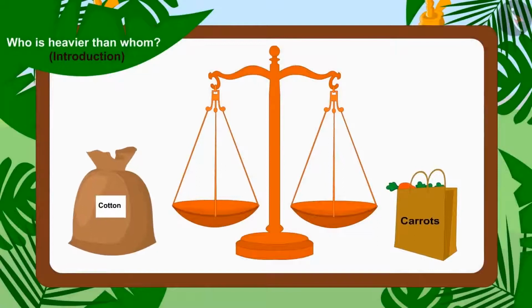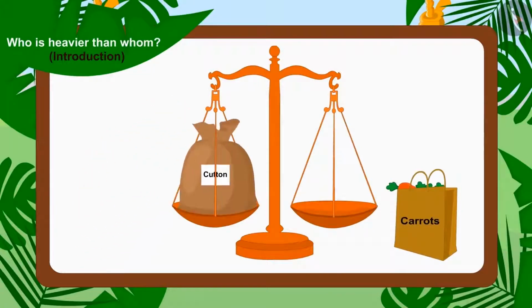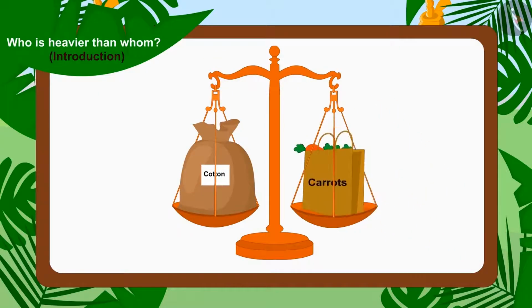Uncle first placed Bhola's sack on a plate of the scales and placed Bunny's bag of carrots on the second plate. Children, can you tell whose item is lighter and whose item is heavier? If you want, you can stop the video and find the answer.